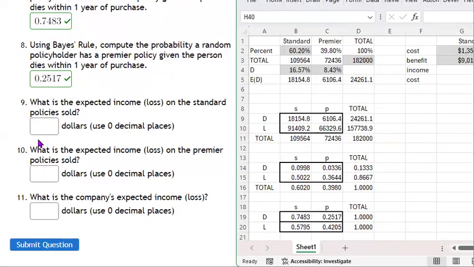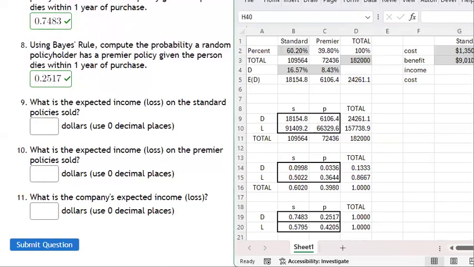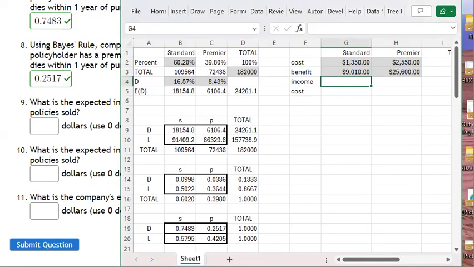So in order to get these three answers, we're going to fill out this part of the model. To calculate the income of the standard policy, we have a total of 109,564 standard policy holders, and each of them paid a premium of $1,350, right?